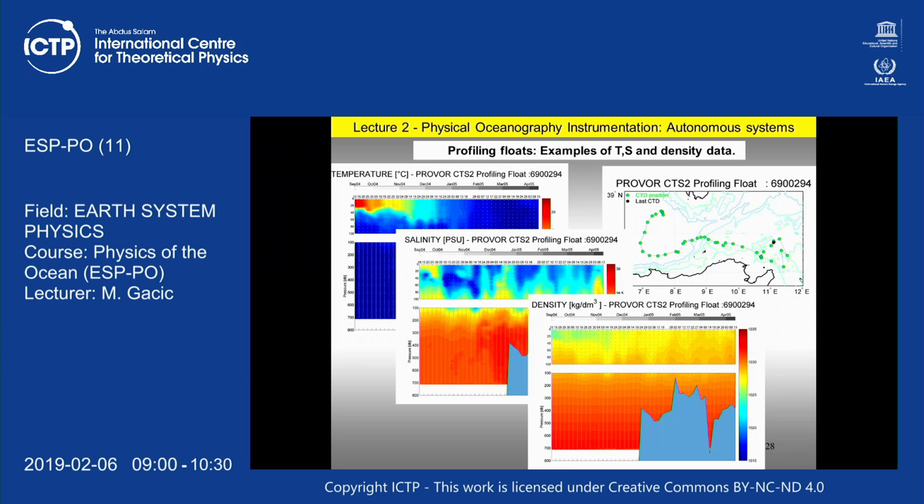So a number of pieces of information you can get simply by looking at the pathway, at the trajectory of this float, and at the vertical and horizontal distribution of temperature and salinity. This is the salinity, and this is the temperature.